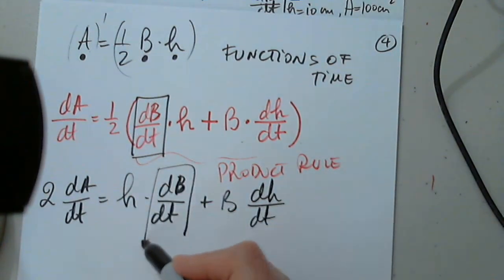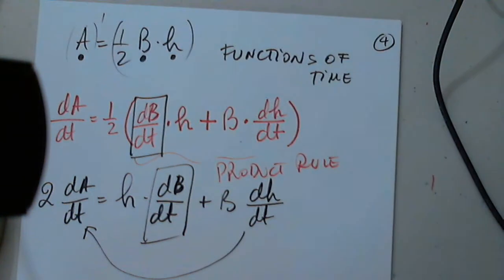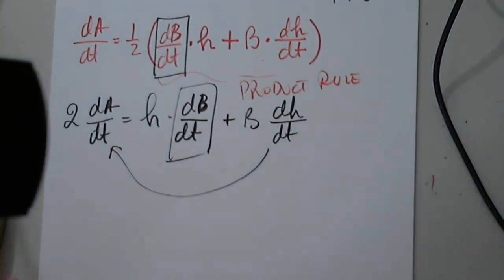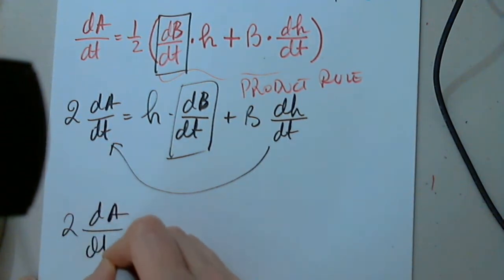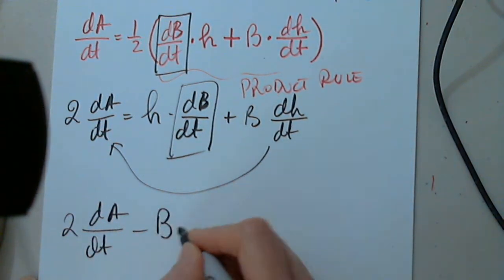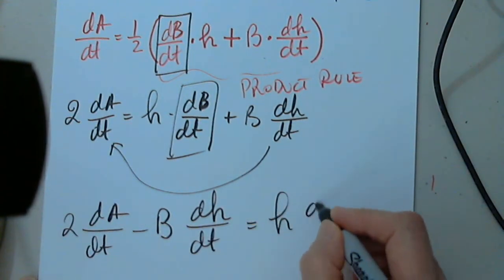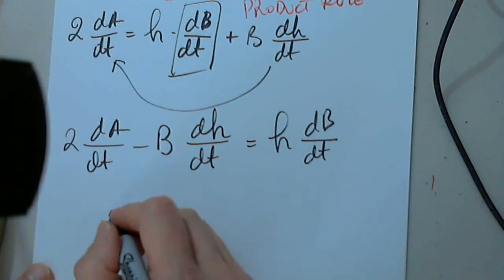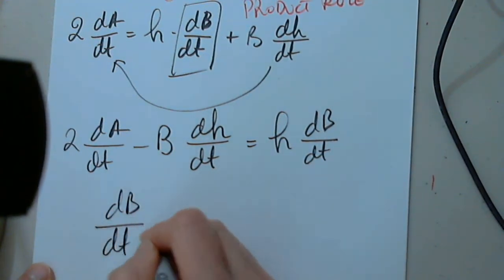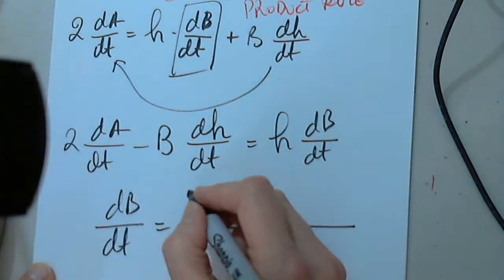Since this is my variable, this goes to the other side, and I will divide by h. So 2 dA over dt minus b dH over dt equals h dB over dt. So dB over dt is all this.